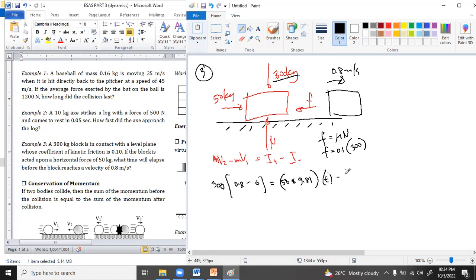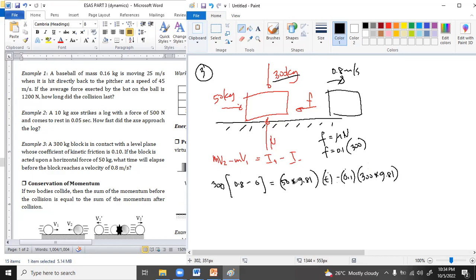So this should be 0.1 multiplied by 300 times 9.81.